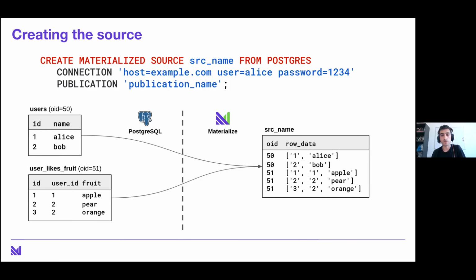Yeah, so after the initial creation of the source, no changes are replicated. I guess the accurate thing to say here is that if you alter the schema of a table upstream, the raw data in the source will be successfully updated, like you will start seeing new data.